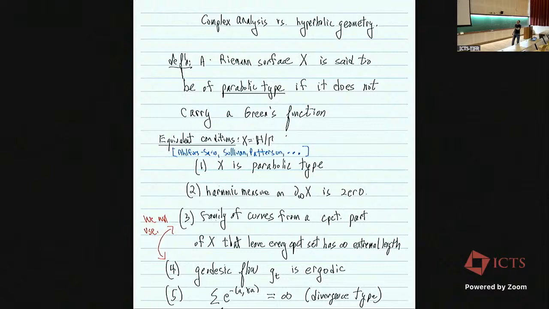But at some point, the classical complex analysts started investigating Riemann surfaces, not just simply connected ones, that had or had not carried Green's functions. So they gave the name parabolic type. It was a couple of years ago when I think Athanase was not happy with this language. But I blame Ahlfors.